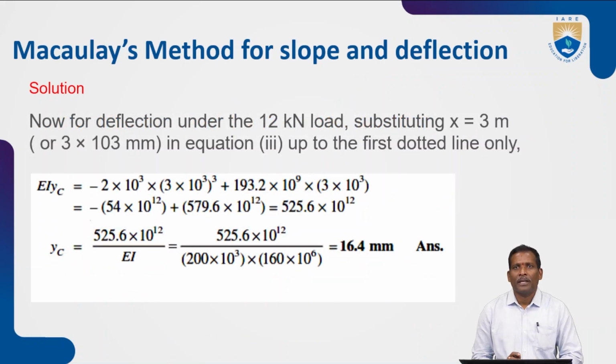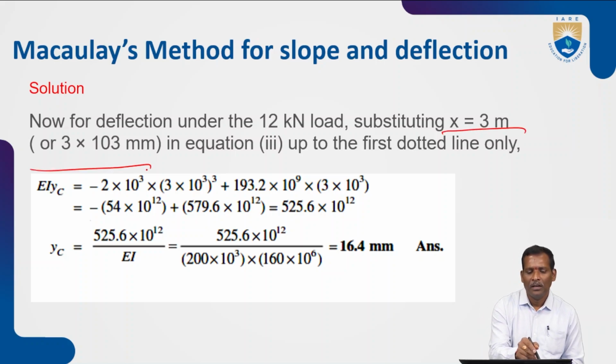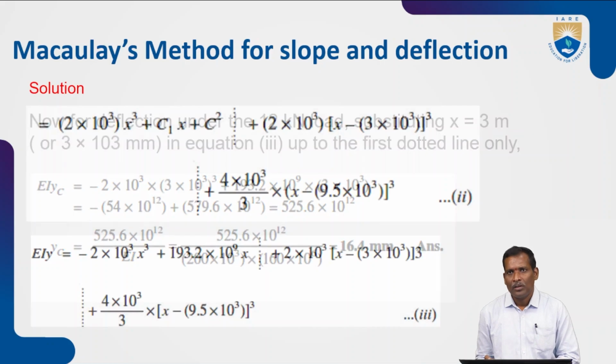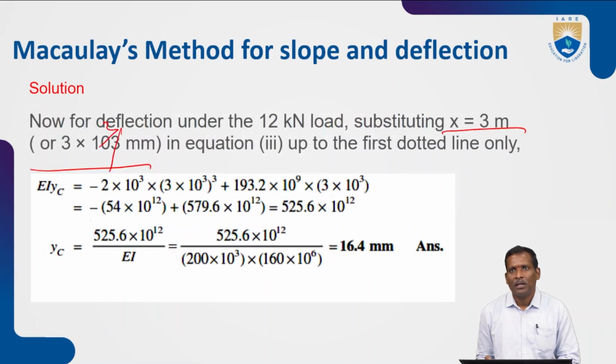So now for the deflection under the 12 kilonewtons, substitute x equal to 3 meters, or 3 into 10 cube mm, in equation 3 up to the first dotted line.